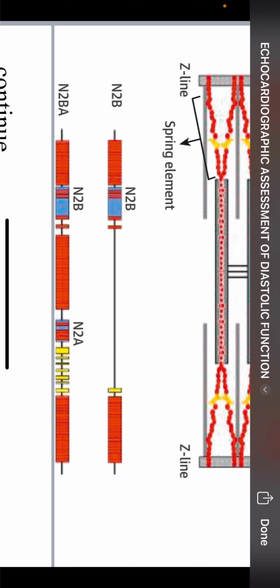These proteins, titin, are very important for that isovolumic relaxation, for that suction that is created during isovolumic relaxation, for that pressure gradient that is created between the atria and ventricles to allow for the next phase of the cardiac cycle, that is the rapid filling phase.